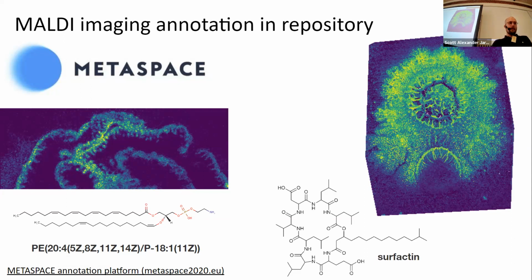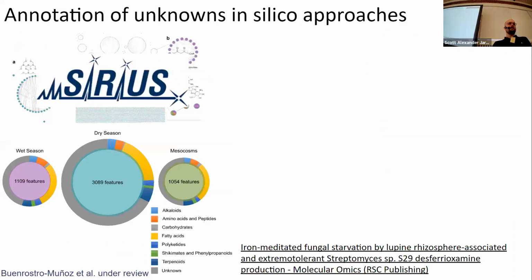And then the last slide is really about annotations of unknowns. So in silico approaches are really starting to become really useful for mapping that chemical space that we have no idea what's there. So the guys later this afternoon are going to talk about Sirius.